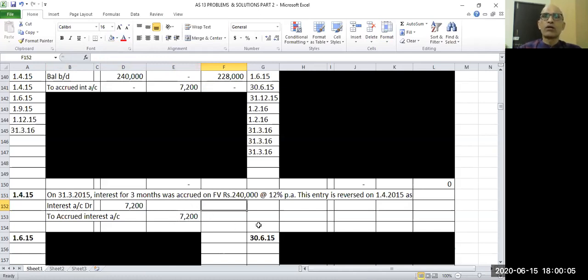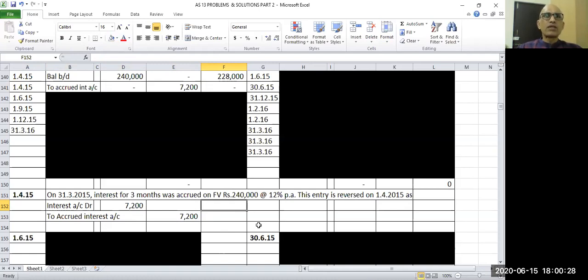On the bond value, face value of 2,40,000, the interest at 12% per annum comes to 7,200 for a period of 3 months. So this interest amount is getting reversed and accounted for accordingly.